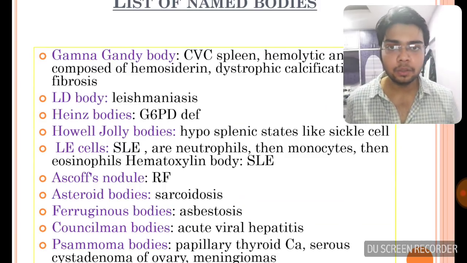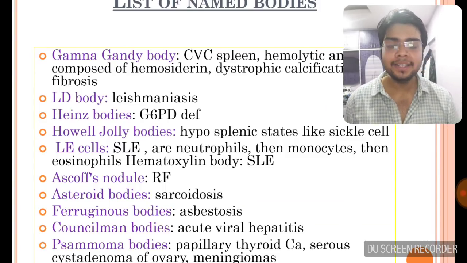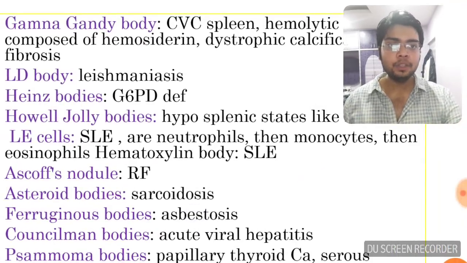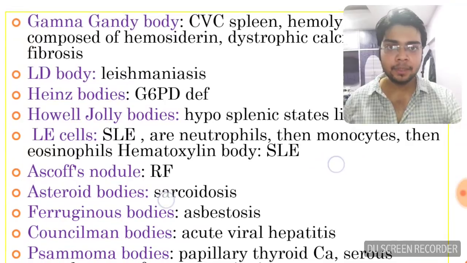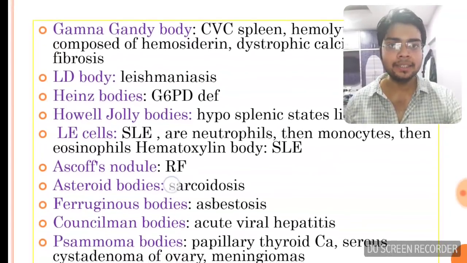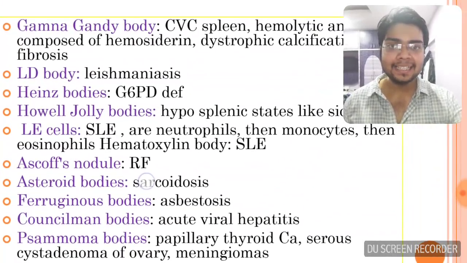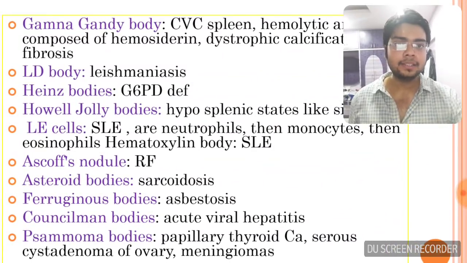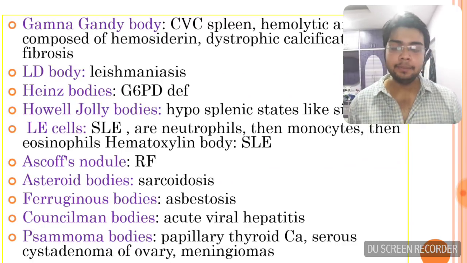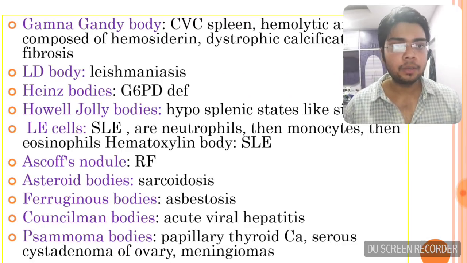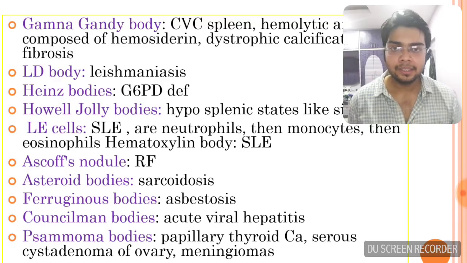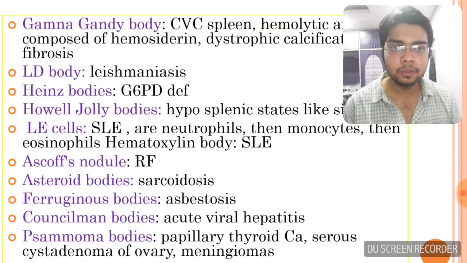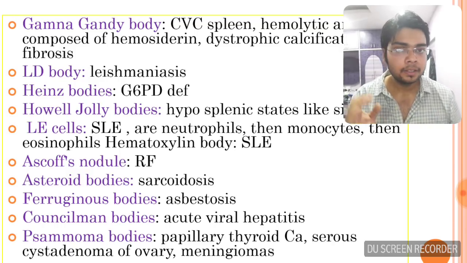Now Donovan bodies, you all know, in leishmaniasis. Heinz bodies in G6PD deficiency. Howell-Jolly bodies in hyposplenic states like sickle cell anemia. LE cell in SLE, these are neutrophils and monocytes, and they are stained by hematoxylin body. Aschoff nodules in RF, asteroid bodies in sarcoidosis, ferruginous bodies very frequently asked in asbestosis.